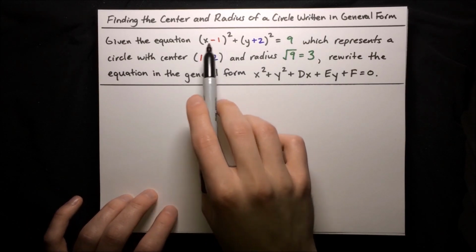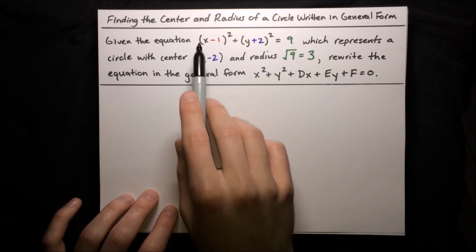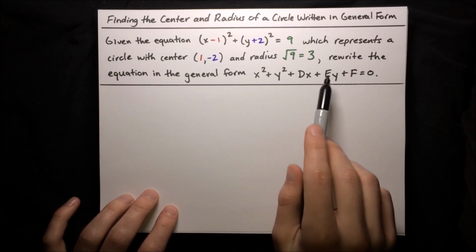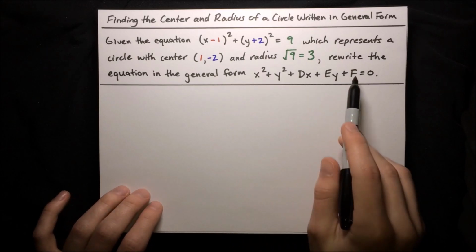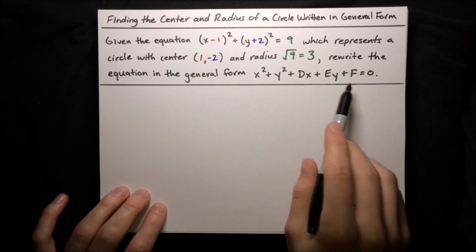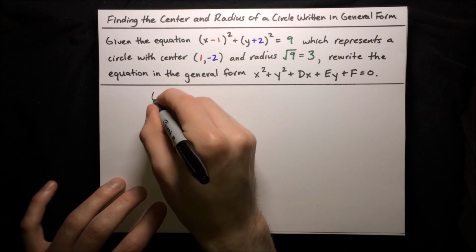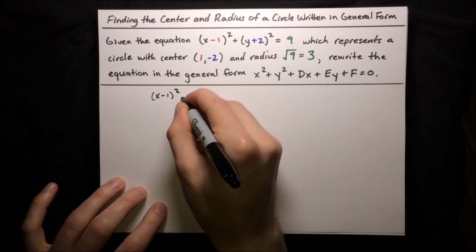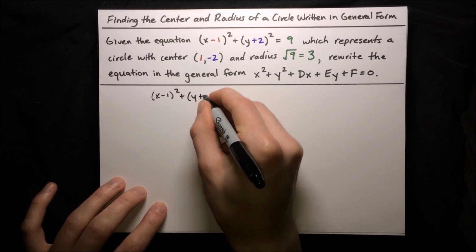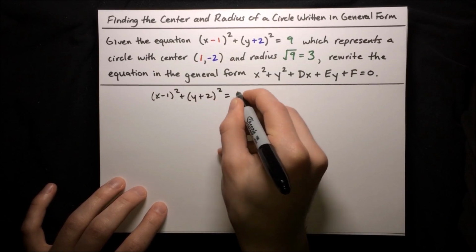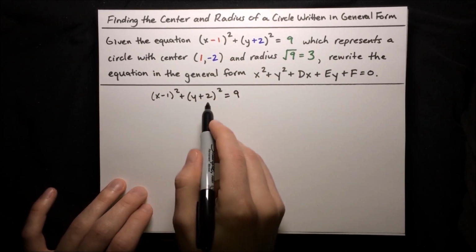Let's expand out these squared terms and get our x squared, y squared, x, y, and f, the constant, and set that equal to 0. So let's just write out our equation here. x minus 1 squared plus y plus 2 squared equals 9. And let's expand out each of these terms.